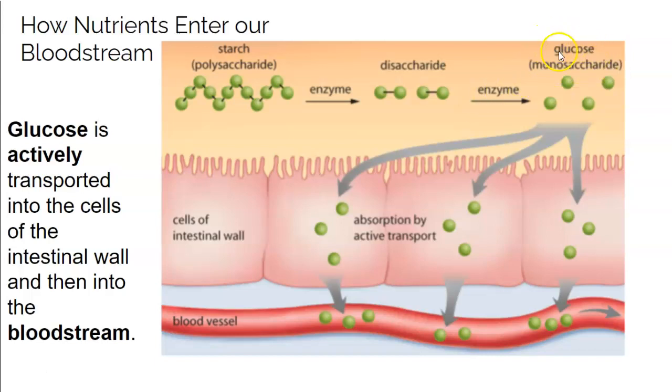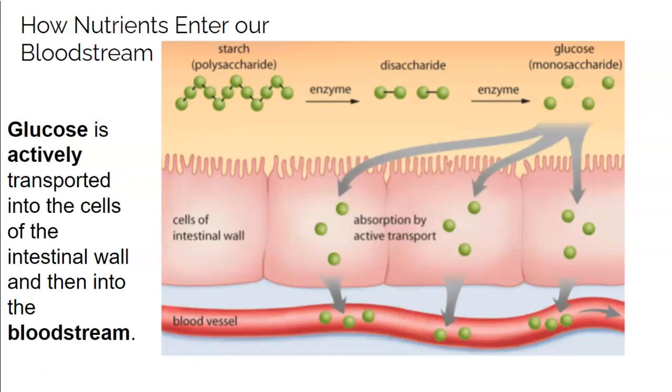And in our case, we're going to talk about glucose. All of this happens along the digestive tract. Part of this happens in the mouth. Part of this happens in the duodenum. And now we are going to talk about the jejunum and the ileum, the rest of the small intestine.